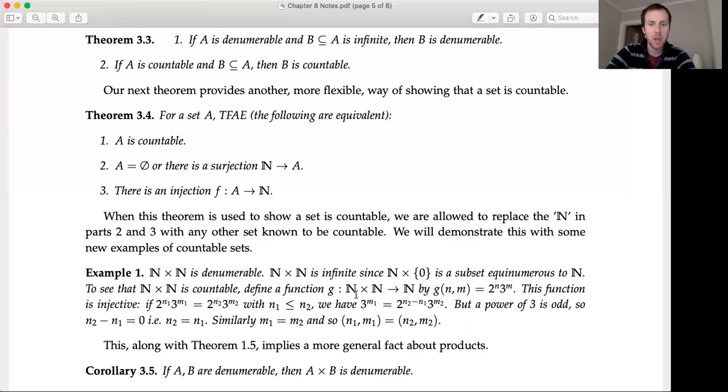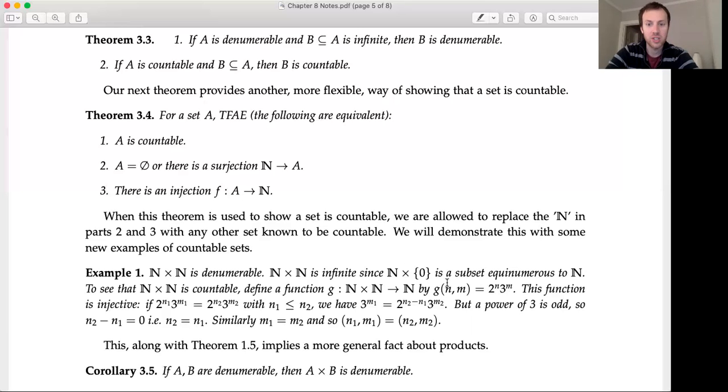by saying take a pair of natural numbers, n and m, and send it to the number 2 to the n times 3 to the m. And essentially, this is injective because prime factorizations are unique.